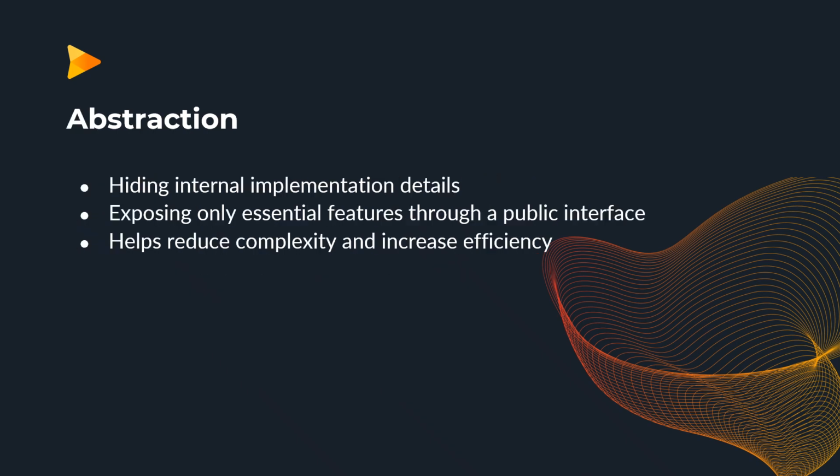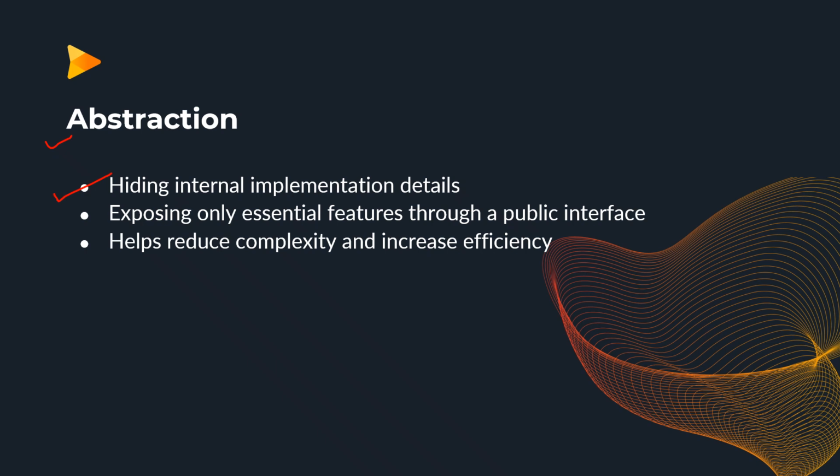Okay, now we are going to see abstraction. Abstraction provides only the necessary details and hides the internal implementation details of our program. It will not give unnecessary detail to the user.